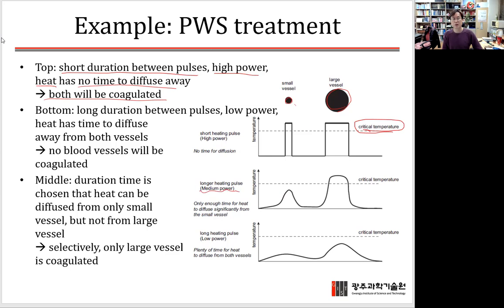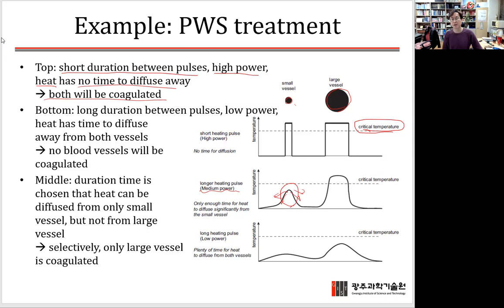and if you choose the duration time between those two thermal relaxation times, then these small blood vessels will have a fast transfer of the heat to the surrounding tissue so that this will not be coagulated.